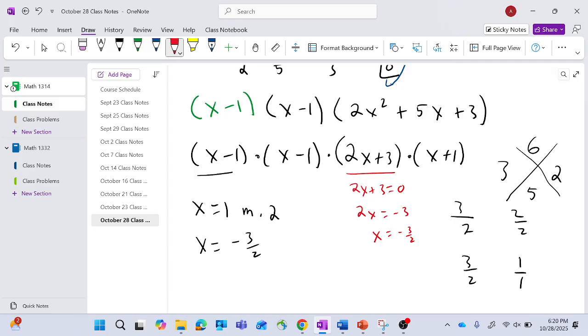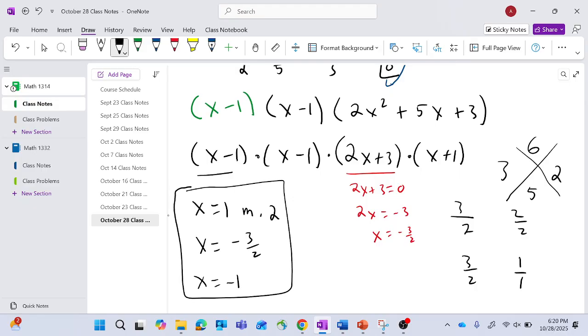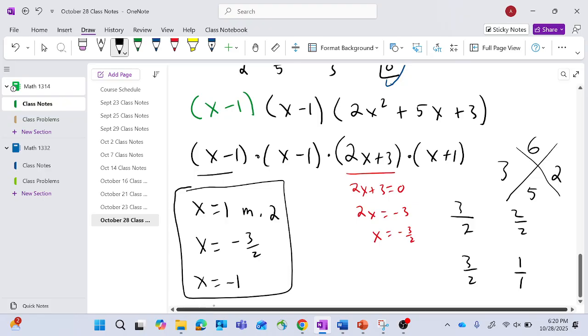Are you fine with that? And then x plus 1 tells me I have a solution of x equals -1. And these are my answers. If you go back to your original list, you'll see that 1, -1, and -3/2 were all on that list. That's because anytime you have a real solution, it's going to be on the list of possible rational zeros.